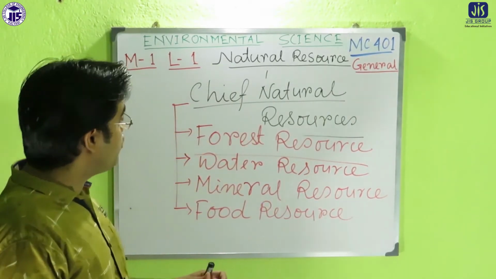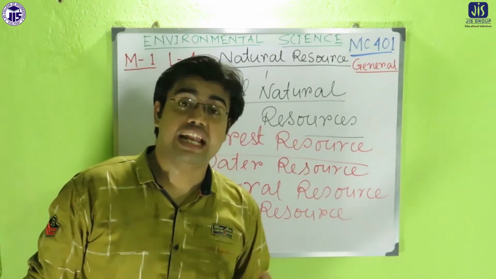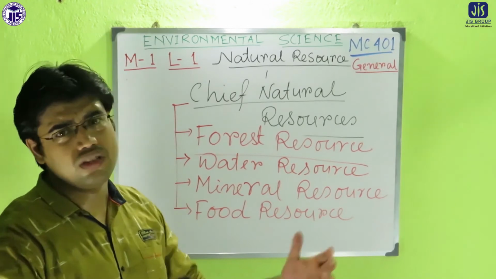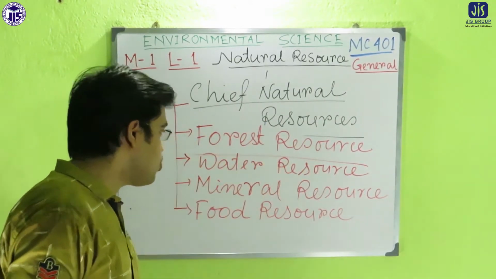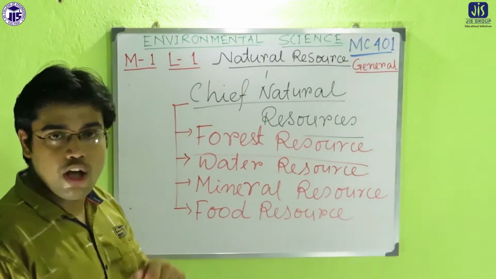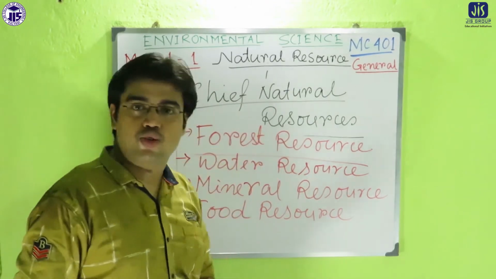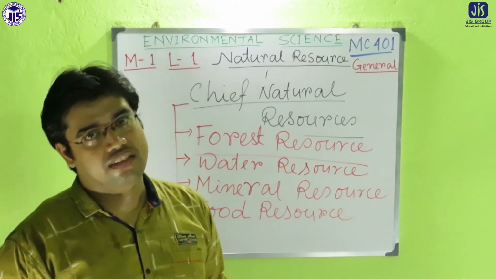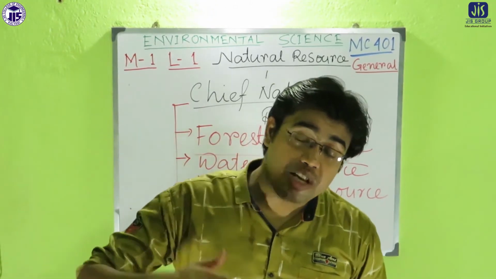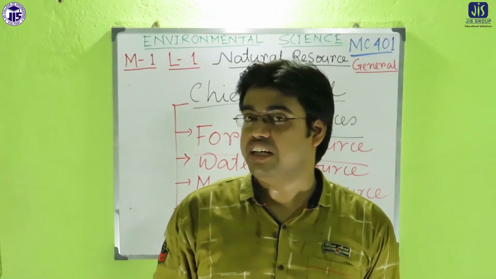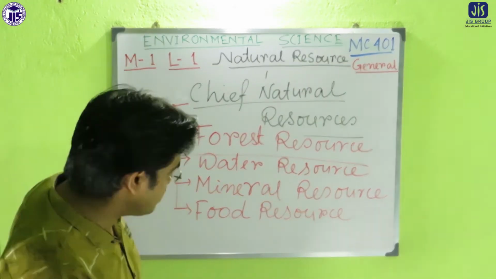So these four natural resources are very much important for our daily life, each and every day for all the animal world, plant world, etc. The forest resource, water resource, mineral resource, and the food resource. Now each and every resource we will discuss: there are some advantages of using that resource, there are some problems also to use that kind of resources, etc. We will discuss each and every term in details.